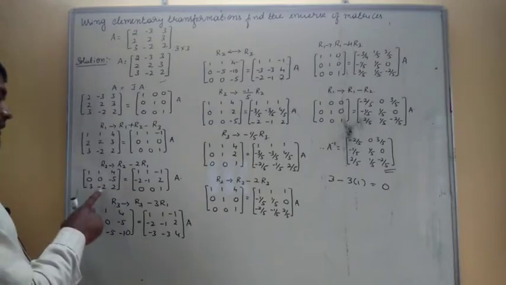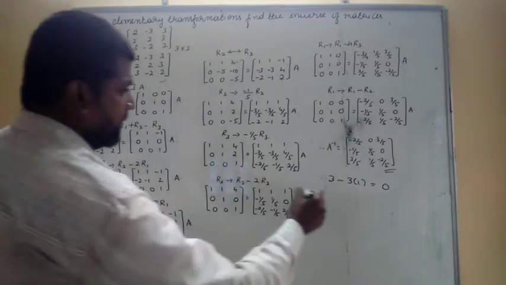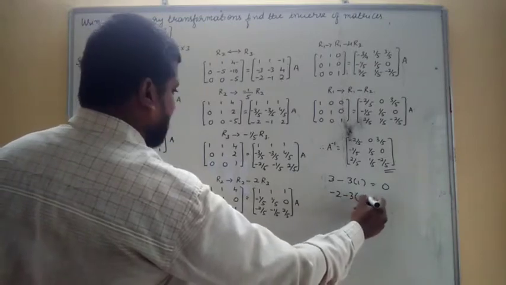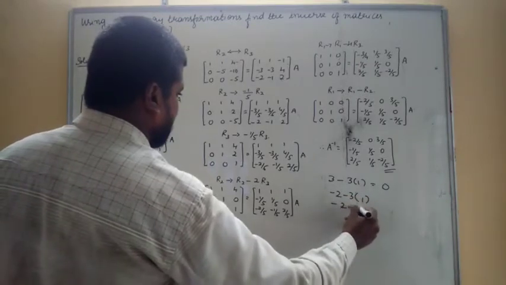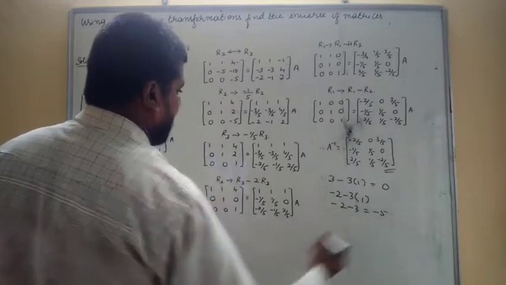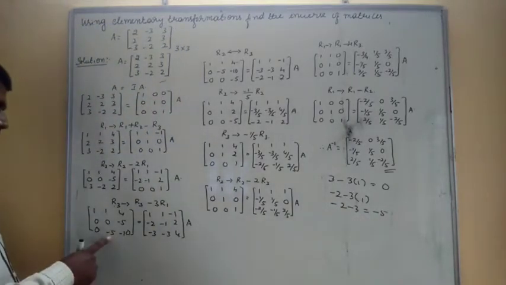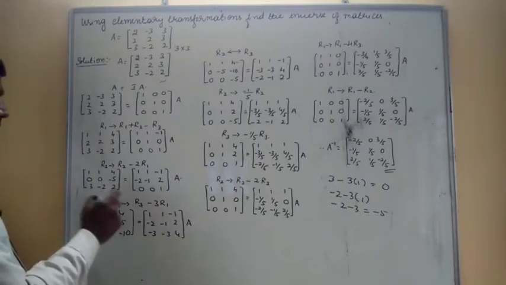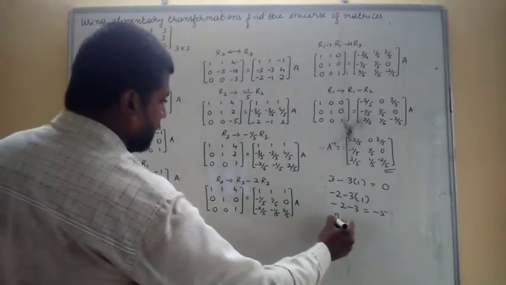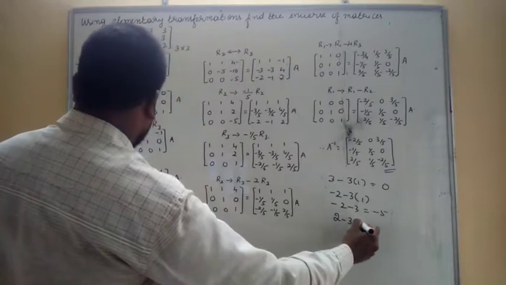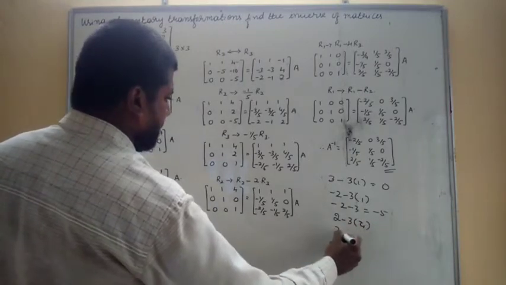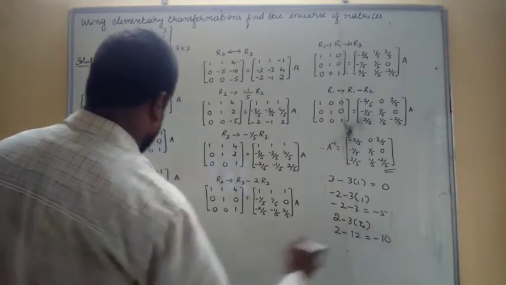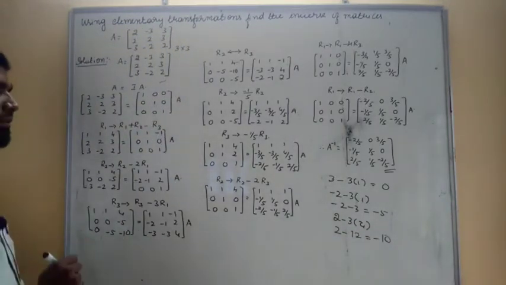Next, here second element is minus 2 minus 3 of 1, then minus 2 minus 3, then it will become minus 5. So second element is minus 5. Then let us go for the next third element. Third element is 2. 2 minus 3 of 4, then 2 minus 12, then that is equal to minus 10. The third element we got minus 10.